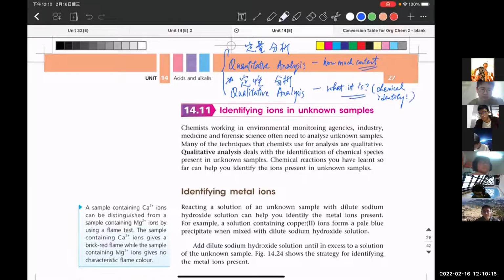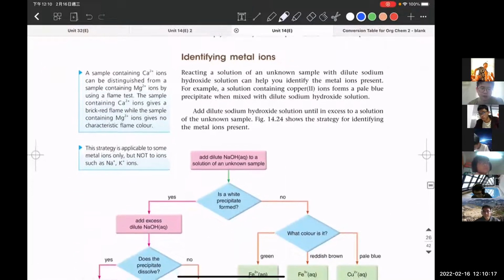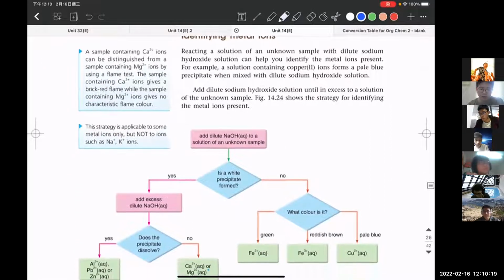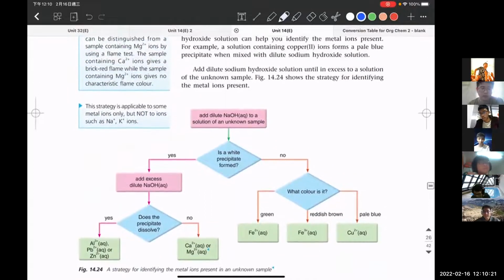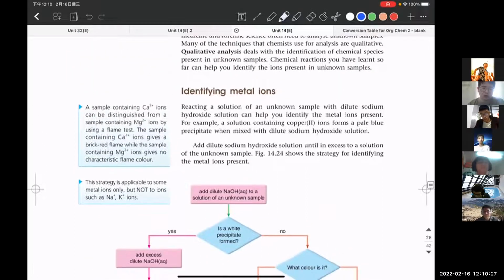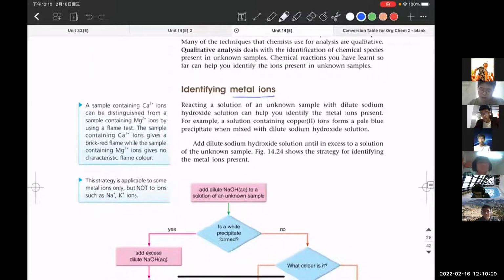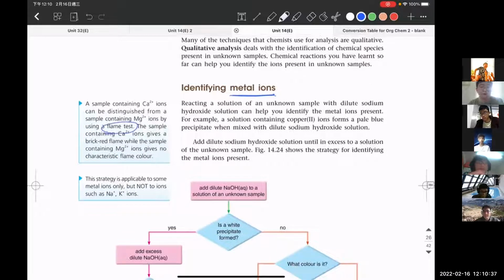There will be something more about metal ions. Suppose you want to find out the unknown metal part inside a salt, you may usually use what? Flame test.